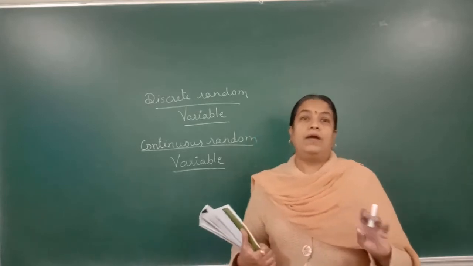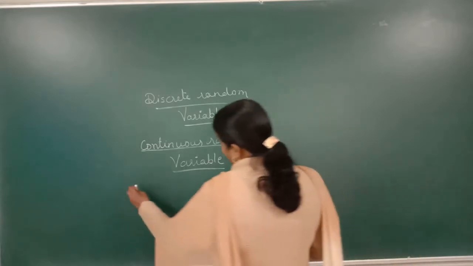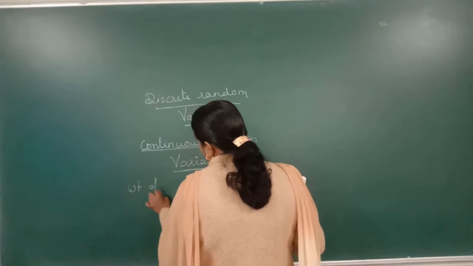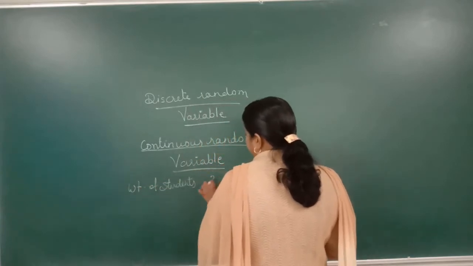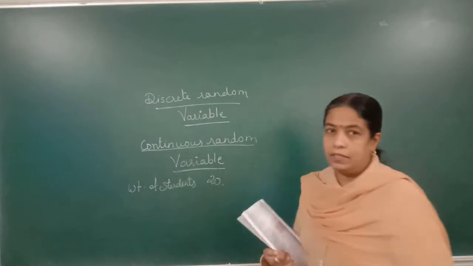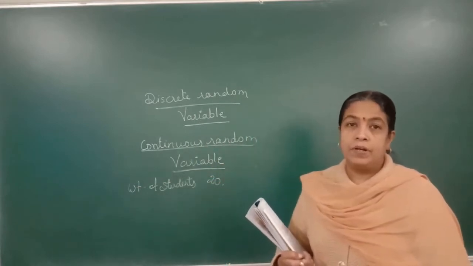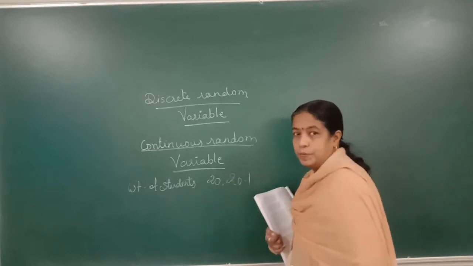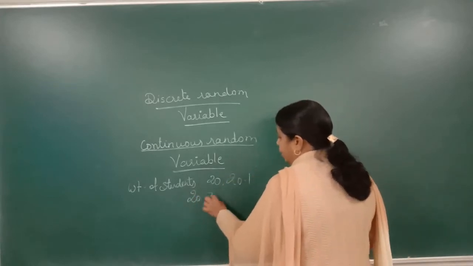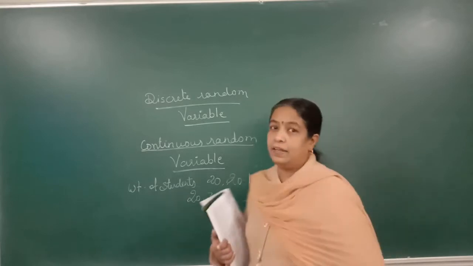What is the example we have taken? Weight of students. Now see, say 20 kg. We are just considering a small class, a lower class. It could be 20, and now in decimals also, it can be 20.1 kg, 20.2 kg. Infinite are there, isn't it?